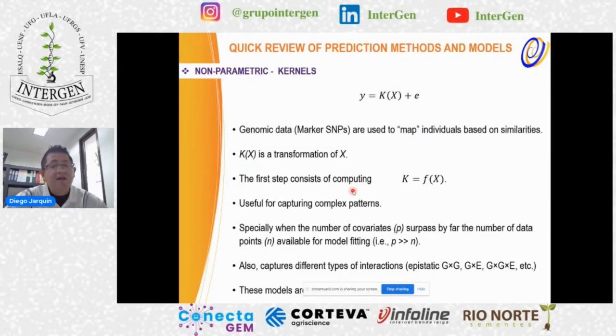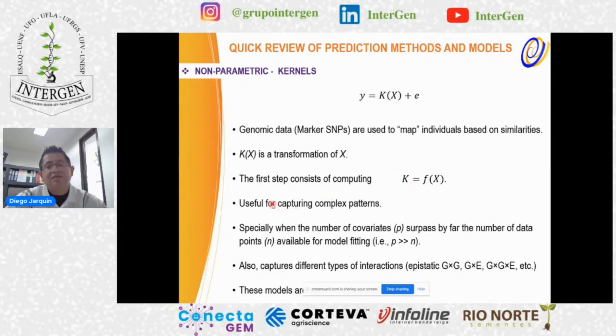So let's learn a little more about these kernel methods. If we think that the response y can be explained by a function of the data that we might have, the covariates, in this case let's say that we have genomic data, we can use this data to map individuals based on similarities by transforming X using a function K of X. So the first step consists of computing this transformation.